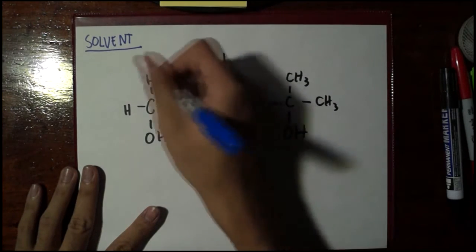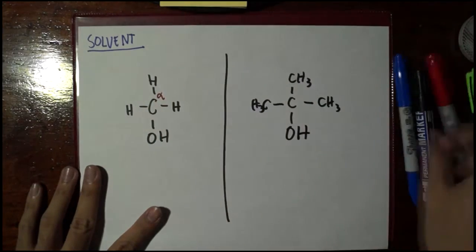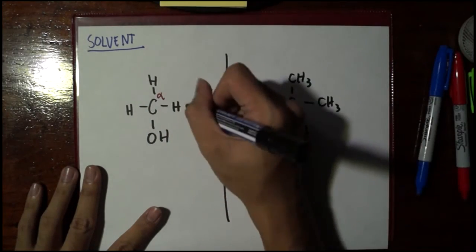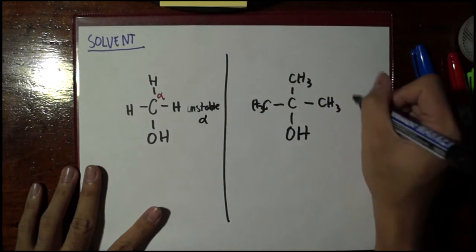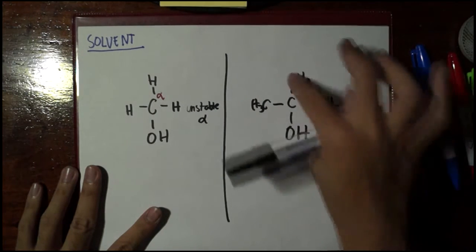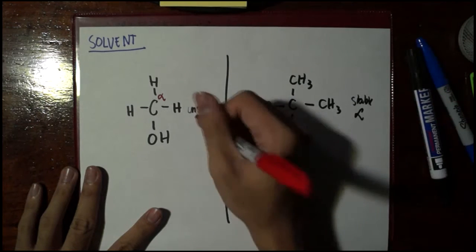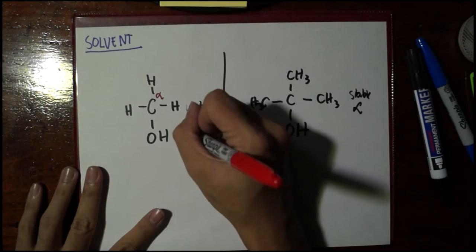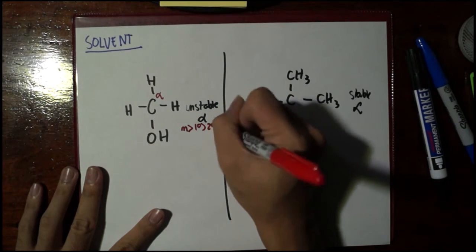If we have here a methyl RX, most likely it has an unstable alpha carbon, right? This one has a stable alpha carbon because this is the alpha carbon, and it is supported by these carbons. So if we have an unstable alpha carbon, we use this trend: methyl is greater than primary, secondary, tertiary.